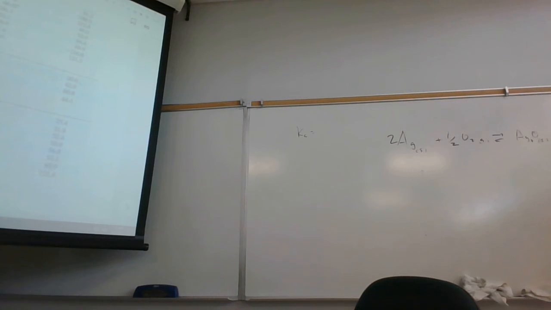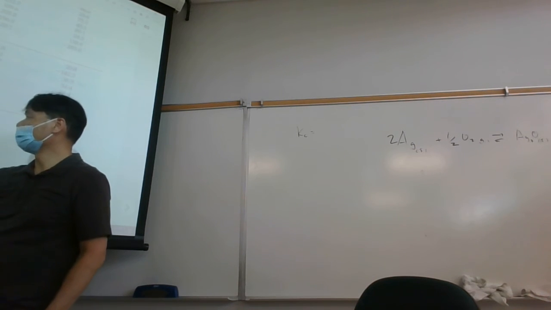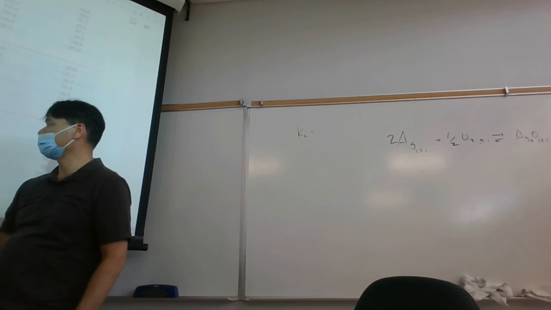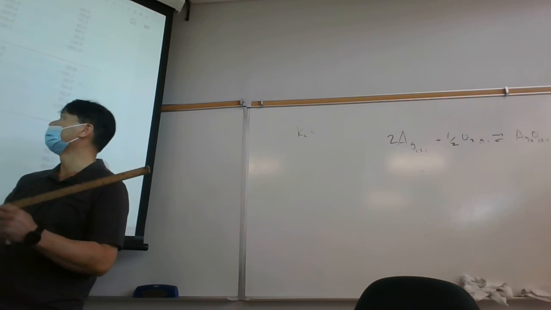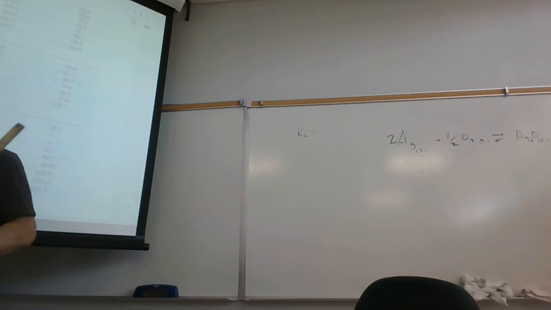But if we compare that to something like iron, let's say rust, iron 3 oxide, that's downhill by 824 kilojoules per mole. And so there's a significant difference in that.